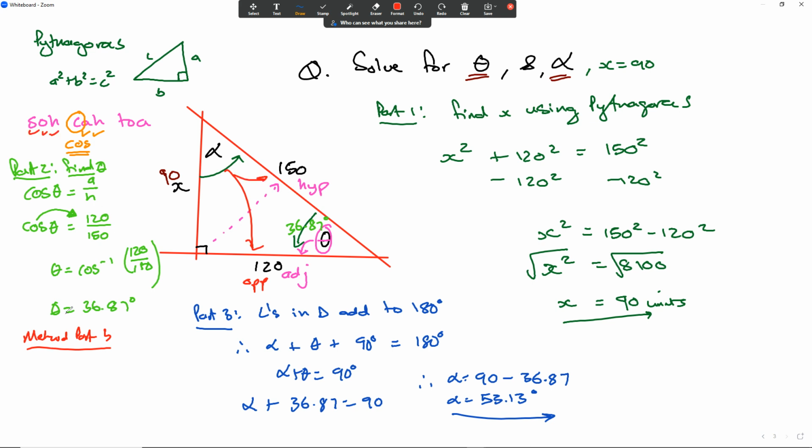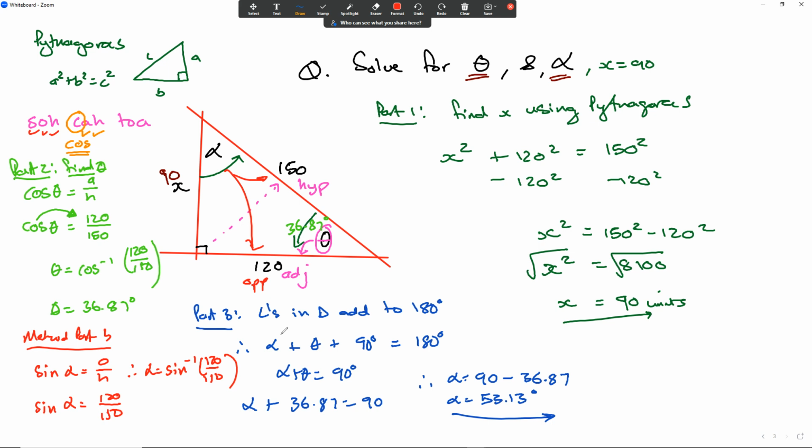So I would then go sine of alpha equals opposite over hypotenuse. Alpha is what we're looking for. Opposite will be 120. Hypotenuse will be 150. And so therefore, alpha will equal shift sine 120 over 150.